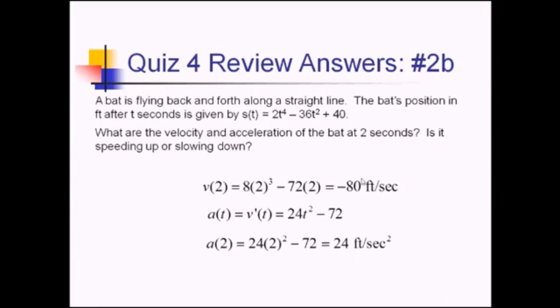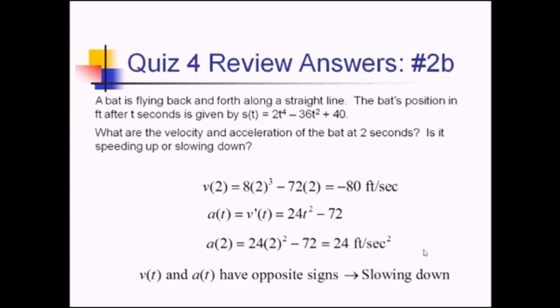This bat is flying backwards, but there's other forces pulling it the other way, so that this negative is becoming less and less negative as we go. So we would say since the v and a of t have opposite signs, therefore the bat is slowing down at time 2 seconds.